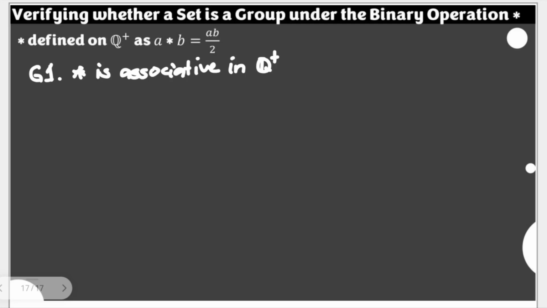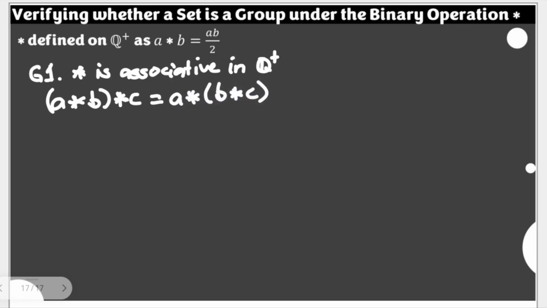It depends on how you're going to call it, since I already labeled it G1, so let's have G2 and G3 later. So we need to establish that associativity will hold such that the grouping of (a star b) star c is equal to a star (b star c).